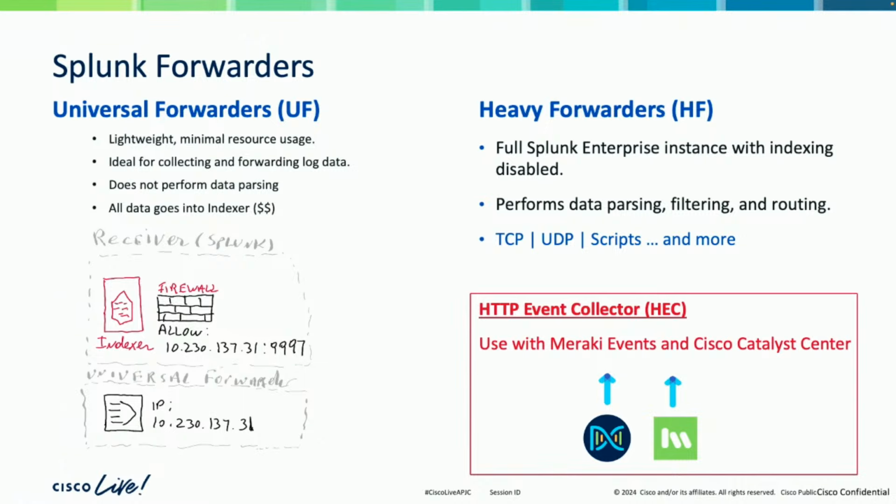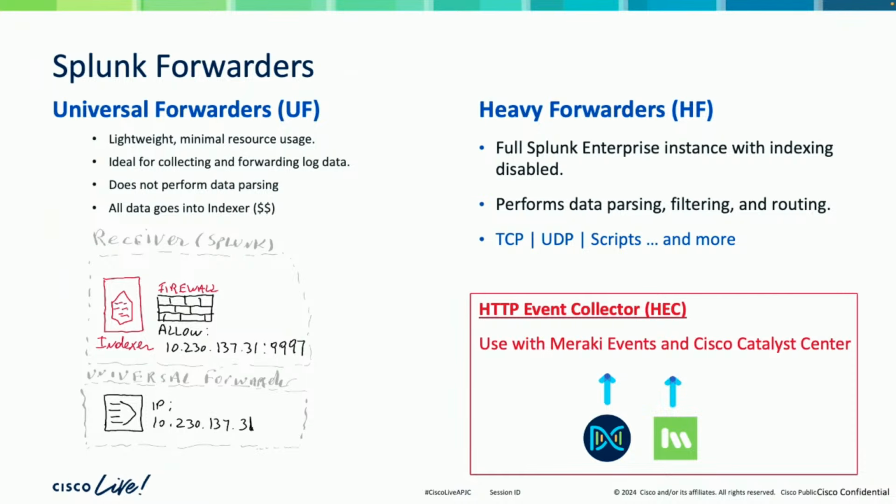There are different kinds of heavy forwarders: TCP forwarders, UDP forwarders. What I'm going to focus on today is HEC, or HTTP Event Collectors, and these are a really useful, very flexible way to get data out of your platforms, take some action, decide which ones you want to pump into Splunk, and then have it be indexed and searchable in a search head.